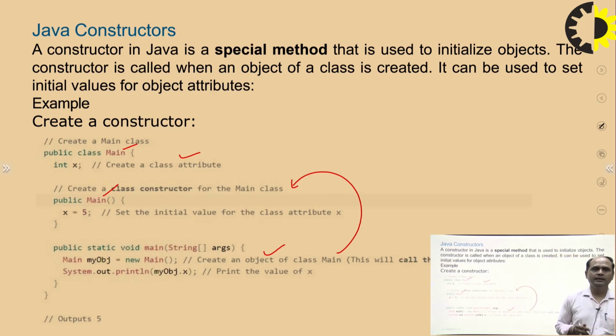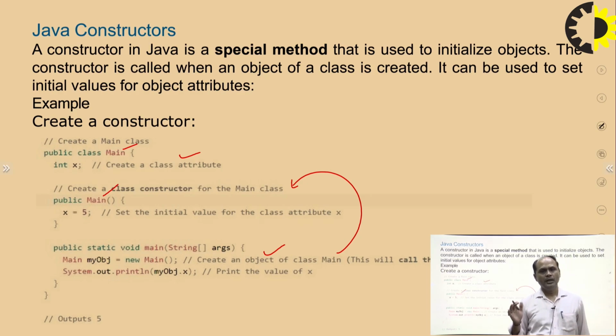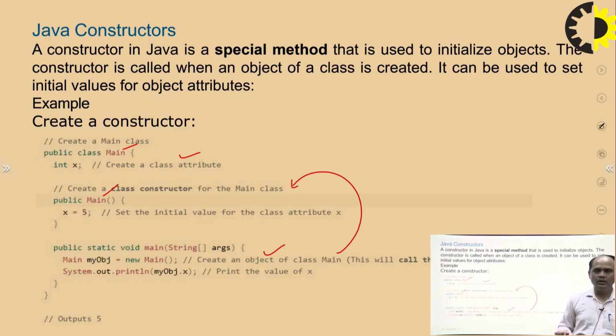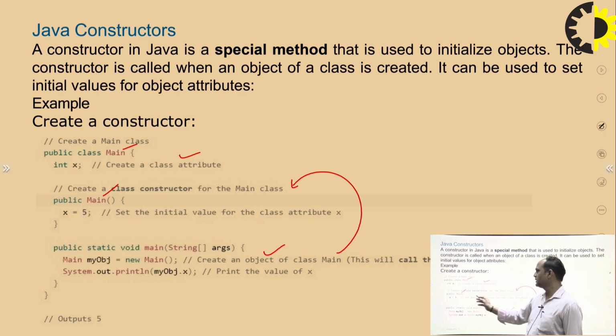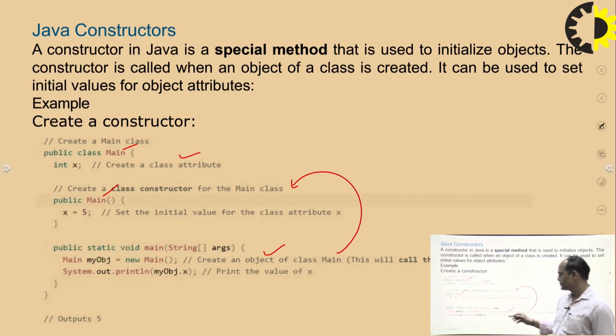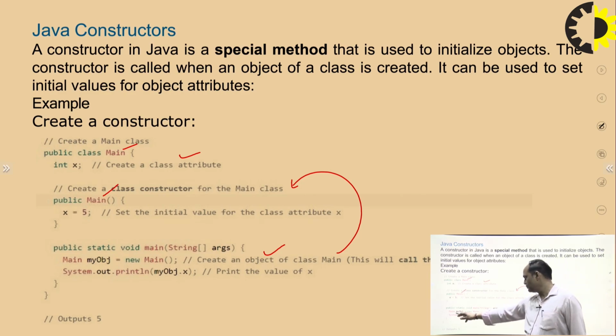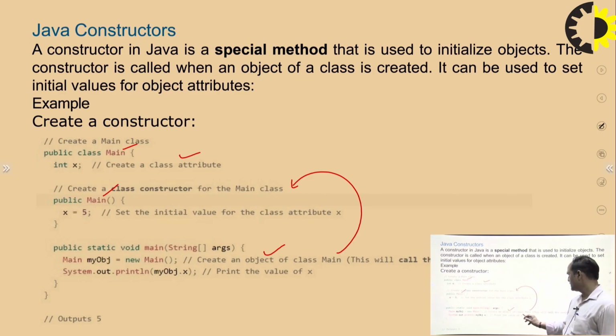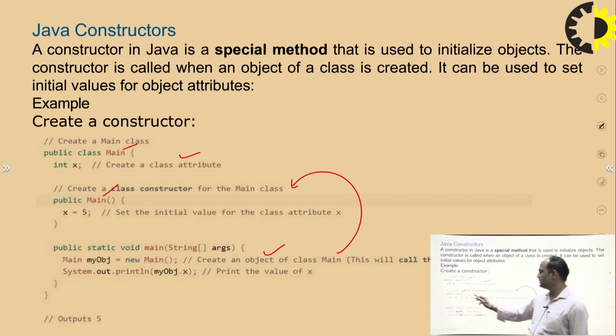When we create an object of a particular class, it automatically calls that class's constructor, and when the constructor is called, the value is initialized by it. So when we create the object, the constructor is called and initializes the value of x equal to 5, and we can print it easily.